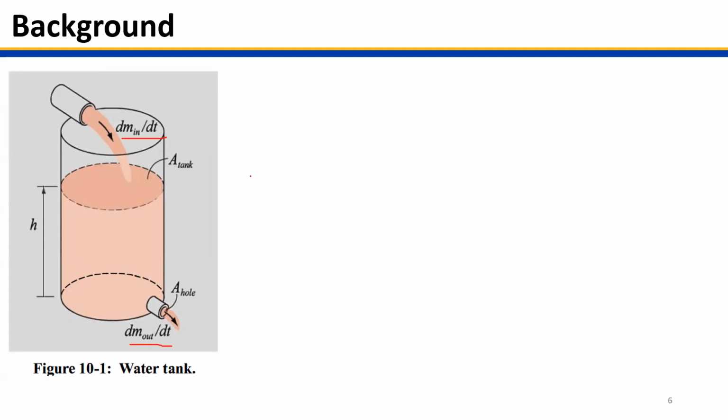So what are the parameters in the system? Volume is not a parameter because it's a function of some other parameters. The flow out, okay, yes. All right, here we go. dm out dt.